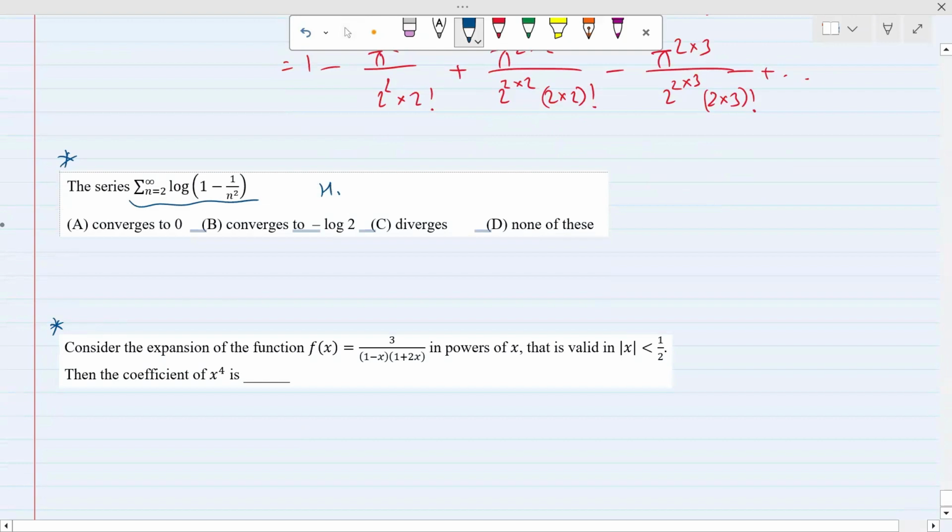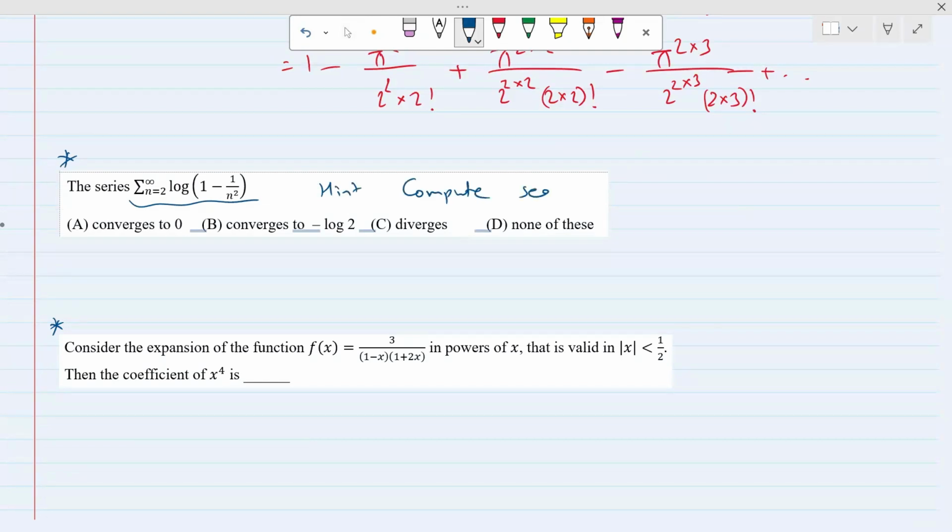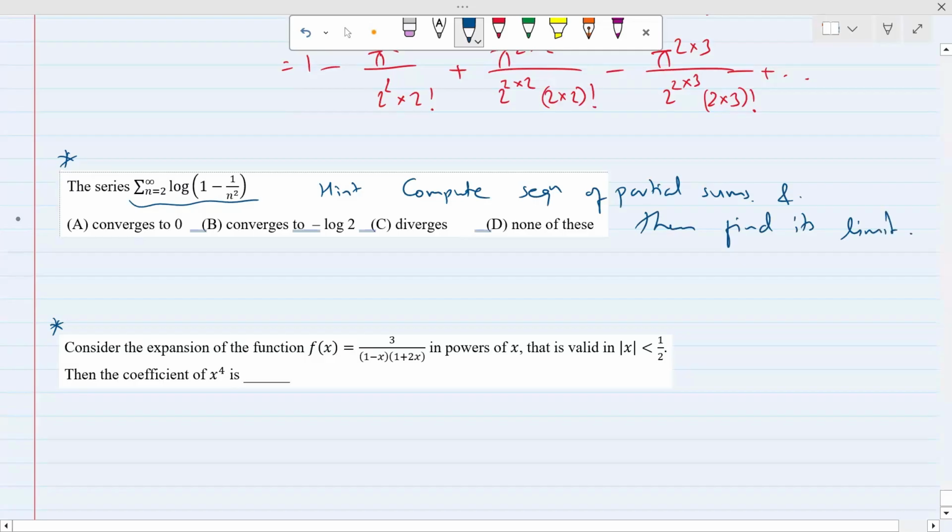So the hint is: compute the sequence of partial sums, and then find its limit. You will get the answer. Compute the sequence of partial sums and then find its limit.